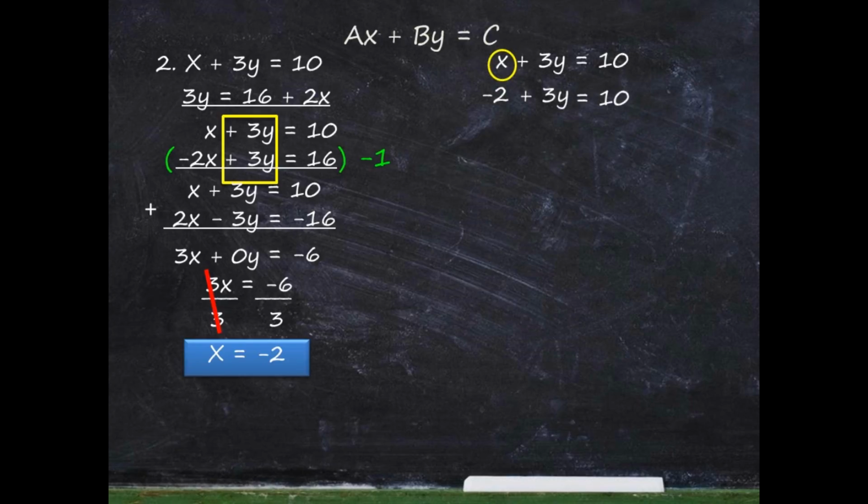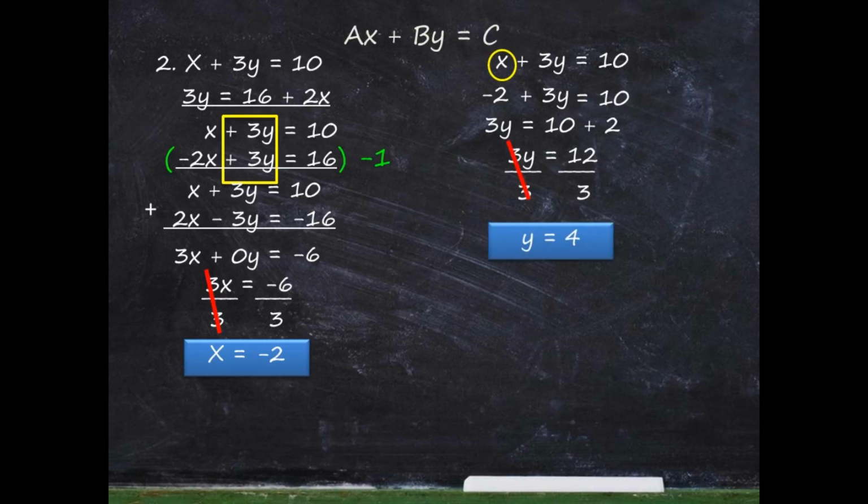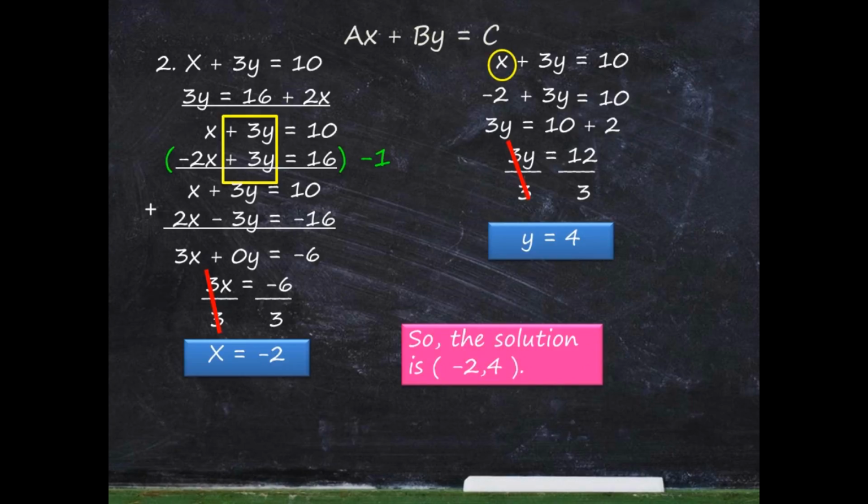Transpose negative 2 to the other side, which will give us 3y equals 10 plus 2, or 3y equals 12. Divide both sides by 3 to get the value of y, and y is 4. So our solution set for this linear system is (negative 2, 4).